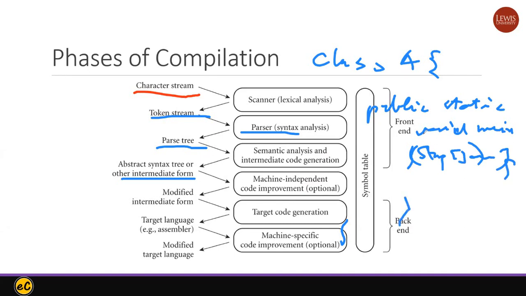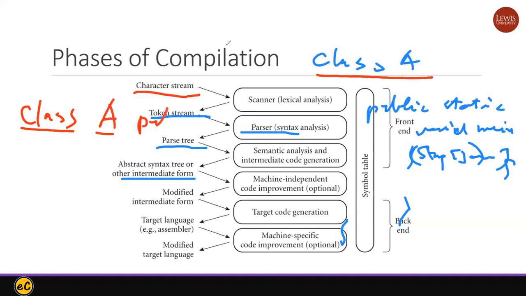When you see this, it actually is a character string. These are character strings, one by one. So you see class, this is a character string. So the character string is generated into a token string. What is a token string? Class is a token. A is a token. Public is a token. Static is a token.